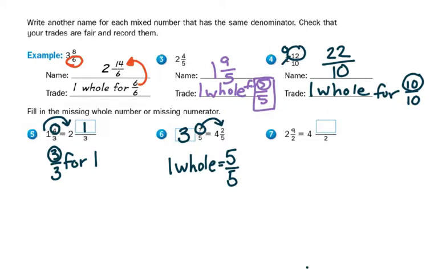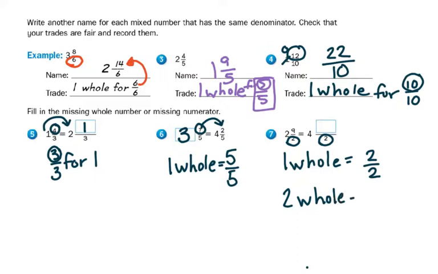And number 7. Here, I'm going to trade 1 whole for 2 halves. Remember, the denominator doesn't change. It's still going to stay 2. I'm going to do that again. So if I'm going to go for 2 whole, it would be twice as much.